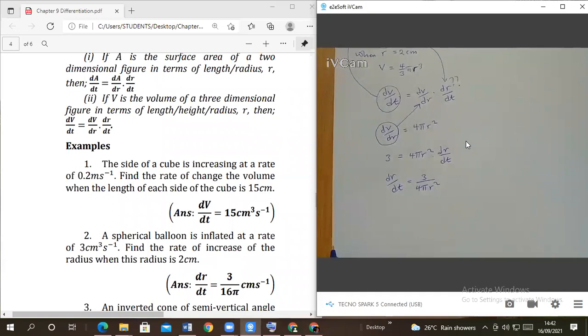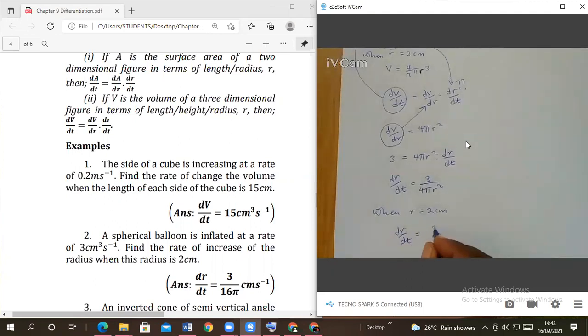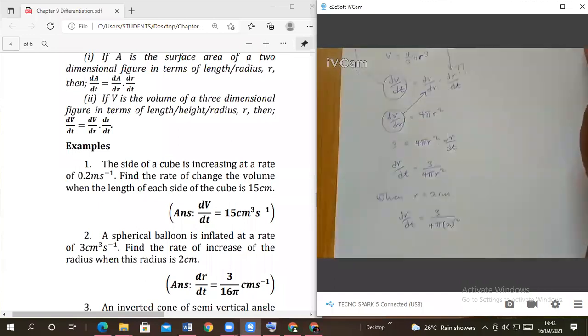They want it at a time when r is equal to 2 centimeters. So we are going to substitute this 2 where there is r, and we get dr dt as 3 over 4 pi into 2 squared. That is the substitution we have.